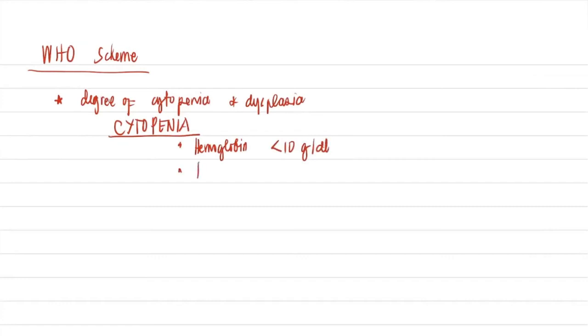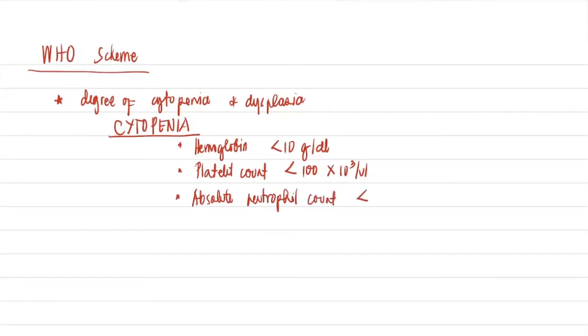Next is platelet count of less than 100 times 10 to the third per microliter. We have the absolute neutrophil count of less than 1,800 cells per microliter. Then we have the peripheral blood monocytes.